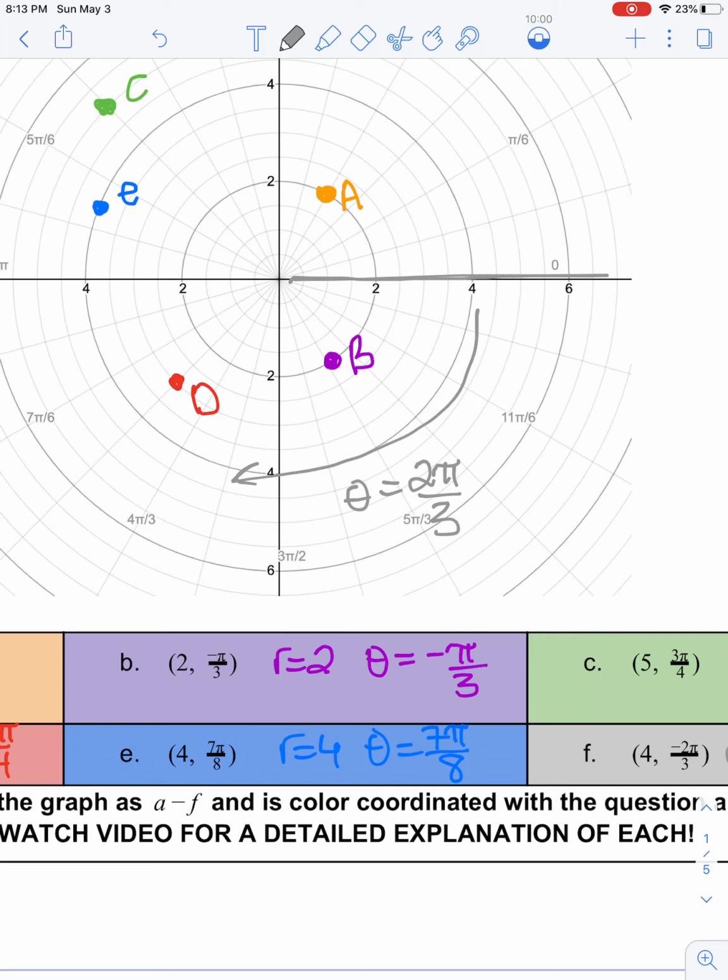That corresponds with our 4 pi over 3 radial line, so we'll be plotting along this radial line. We're told that our point is 4 units out from the origin, so we can plot point F right there.